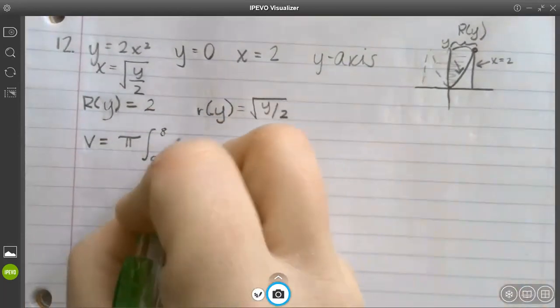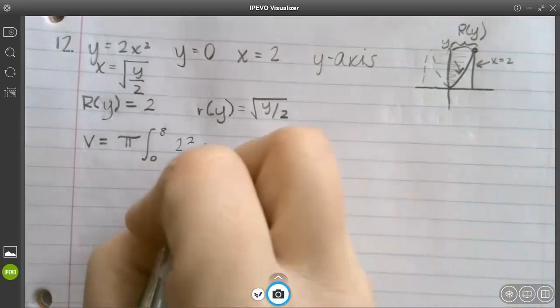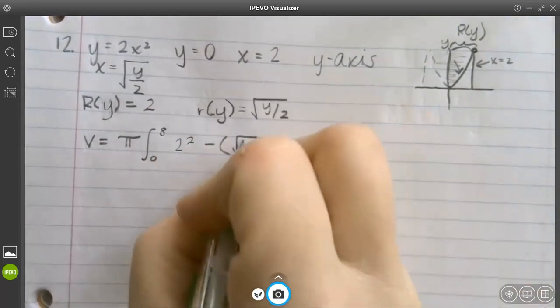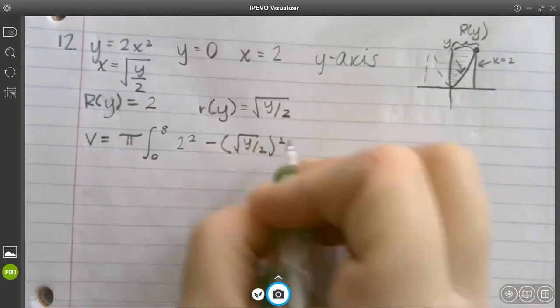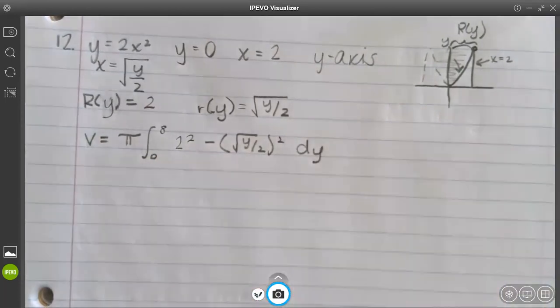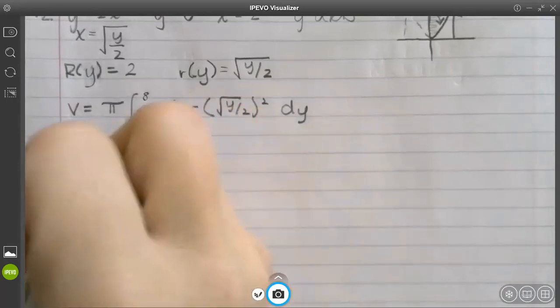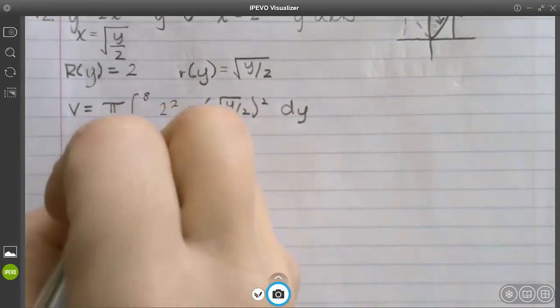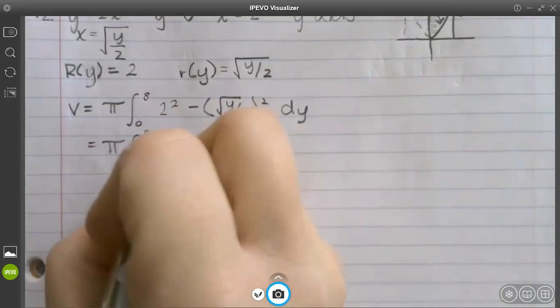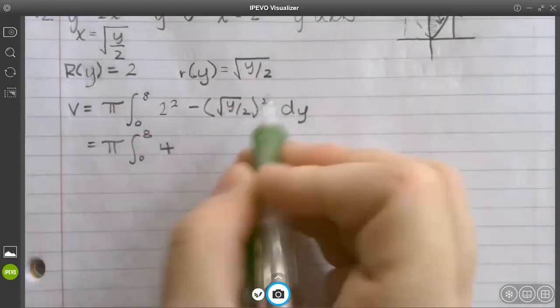So big R of y squared minus little r of y squared, and we're going to do dy. What is 2 squared? Square root of y over 2 squared.